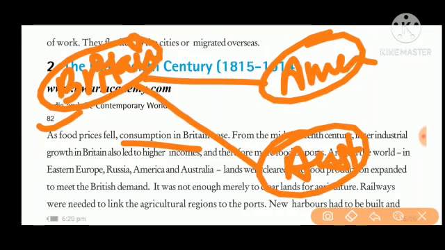As Britain had already industrialized, the people living in Britain were earning higher income, and this led to more consumption of food. Mainly lands were cleared in America as well as in Australia to meet the demand of Britain.